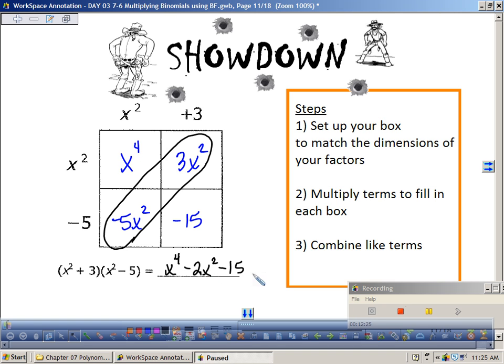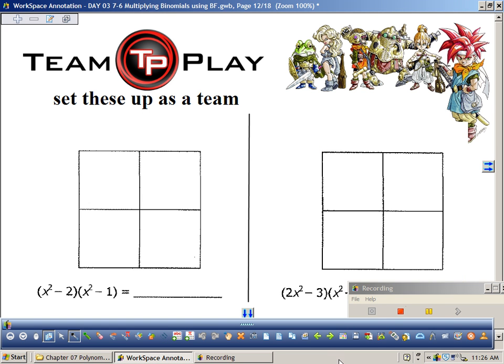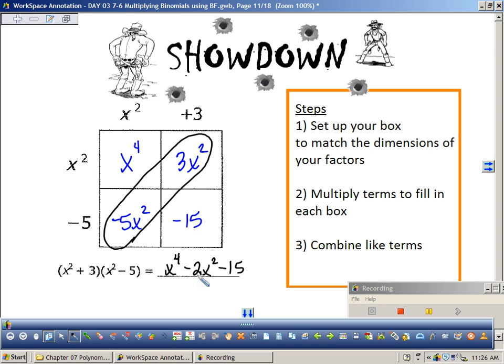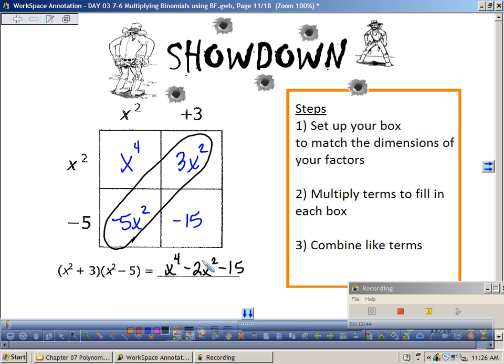Did you catch your mistake, or were you right and they were wrong? You were right and they were wrong? Yeah? I like how confident you are. Good job. Excellent. Okay, let's move on. Wait, that was right? That was right. Why would it be 2x to the 4th? Because at this point we're combining like terms. We're saying I've got negative 5x squared, like those big x squared boxes, and 3x squared boxes makes a total of negative 2x squared boxes.